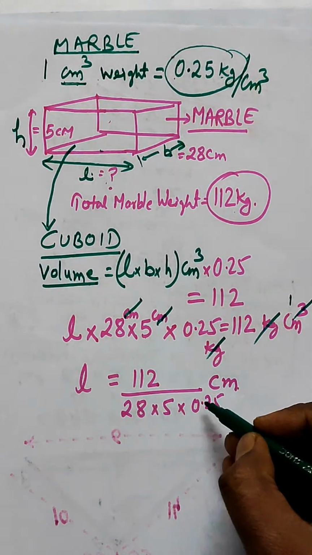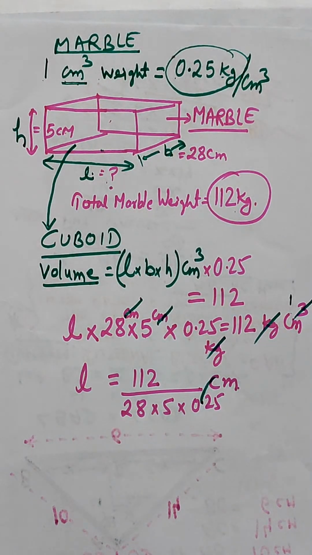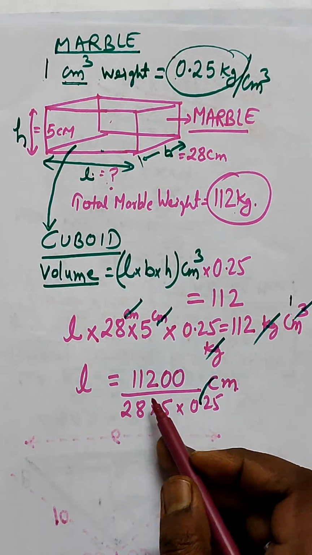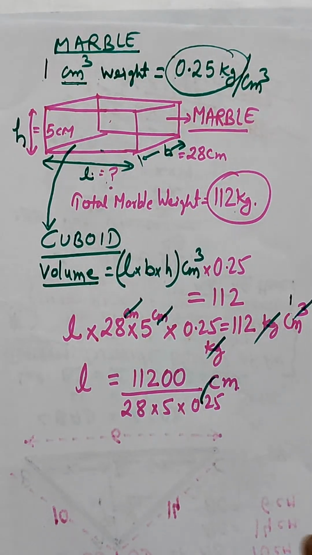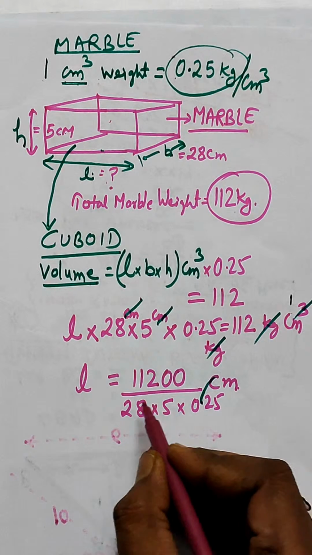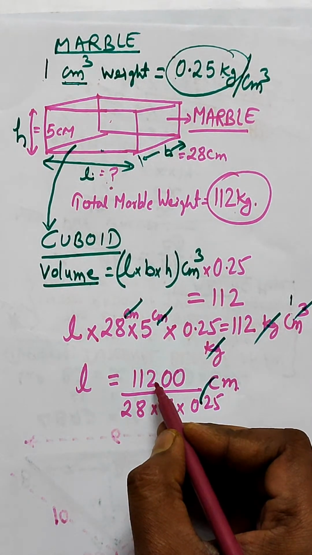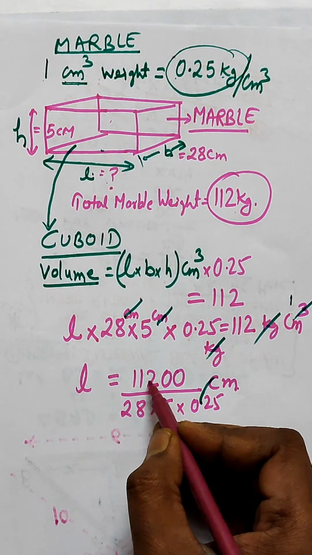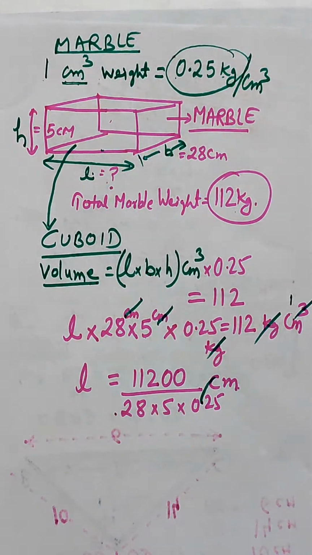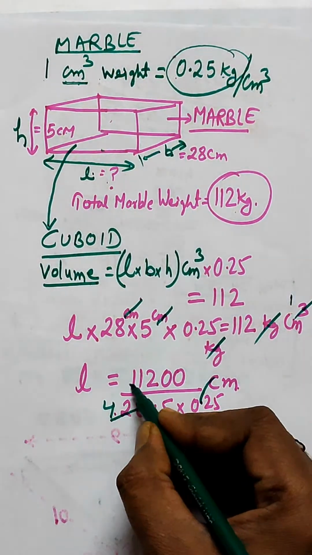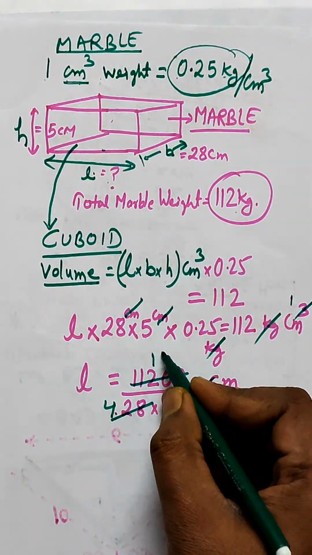When you replace this decimal, then 2 zeros will be coming into the numerator, into 100. Now just simply divide it. 28 is in the table of 7, and 112 is also in the table of 7. 7 4s are 28, 7 6s are 42.